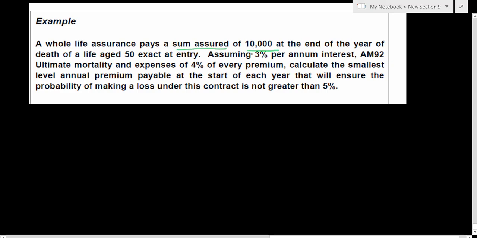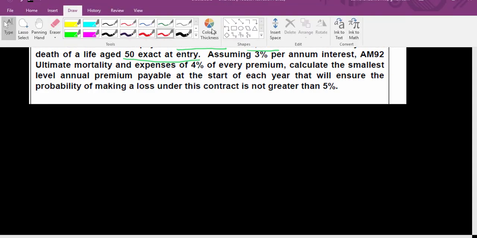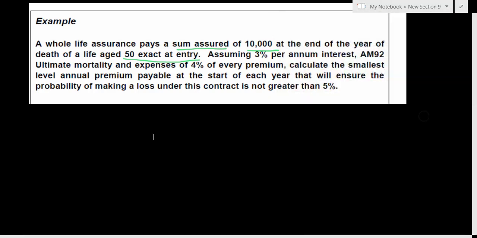They haven't given the currency. The sum assured is paid at the end of the year of death of a life aged 50 at entry. So there is a life aged 50 at entry, taking a whole life assurance policy, and the benefit is 10,000, payable at the end of the year of death, whenever he dies.